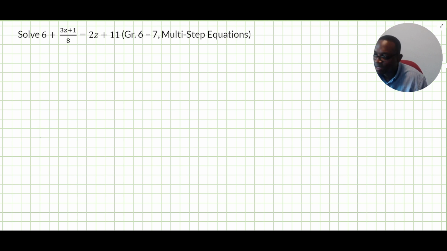Any answers? 6th graders, 7th graders, multi-step equations. Okay, let's go ahead and solve this together.